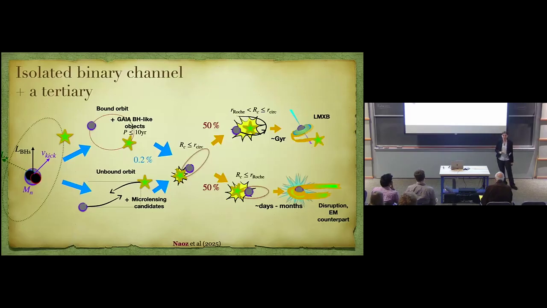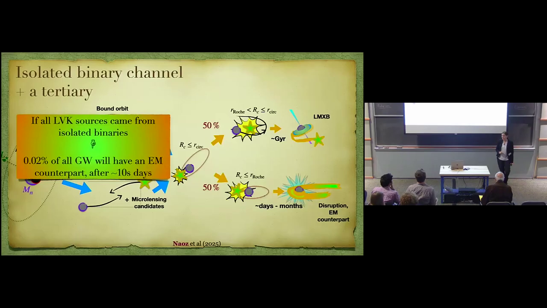All right. Then we estimated very similarly that if all LVK sources came from isolated binaries, and again, this is not meant to say that all Milky Way-like galaxy black holes are LVK sources, I just anticipate some questions, but as an anchor, we expect about 0.02% of all gravitational waves to have some electromagnetic counterparts after 10 days to a month.